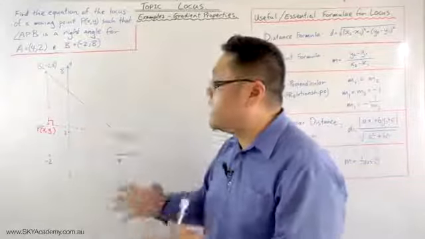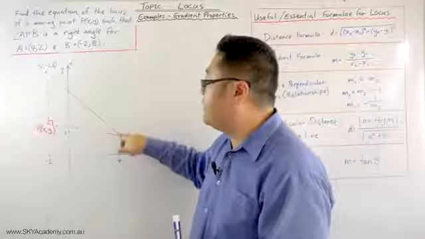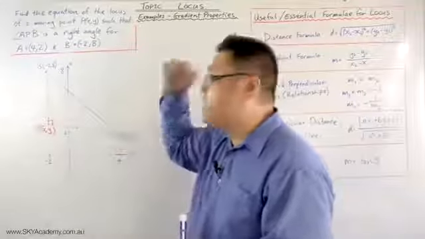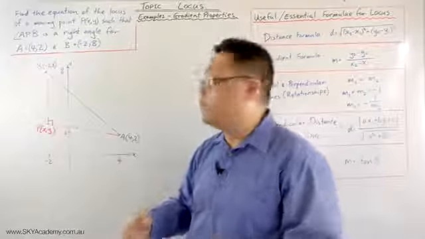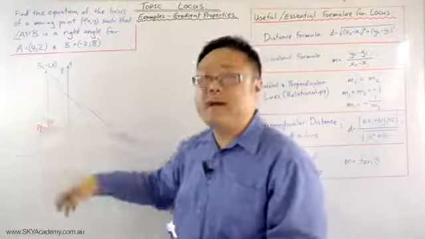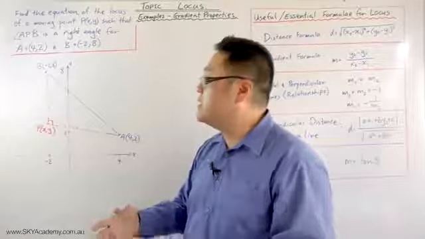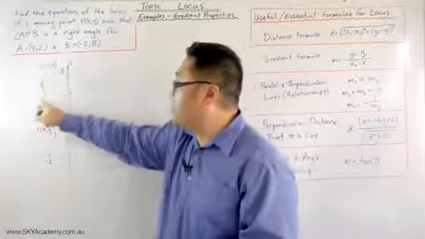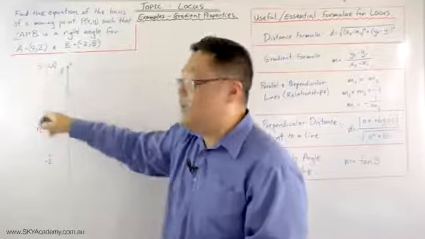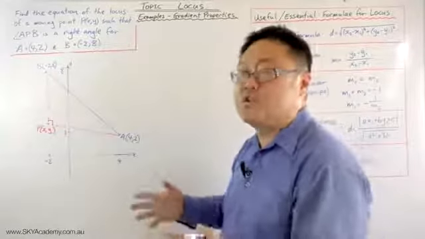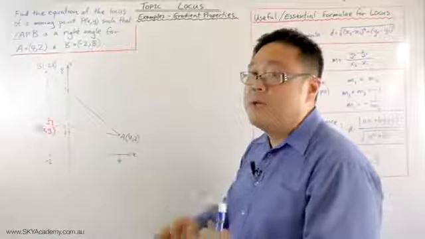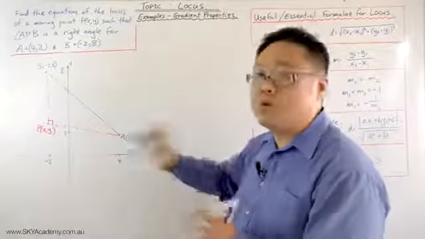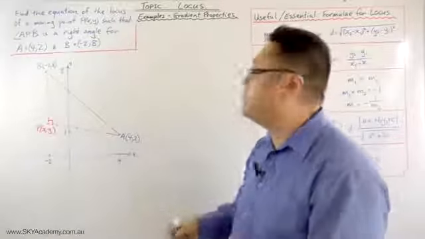Circle geometry says that the angle subtended by the diameter inside a semicircle, or a circle, will always be a right angle. So basically, what will the locus of P be? It's going to be a circle or a semicircle. But we're going to work that out. I just spoilt the fun.